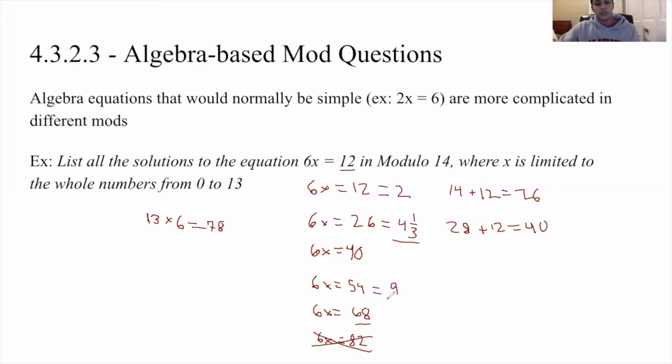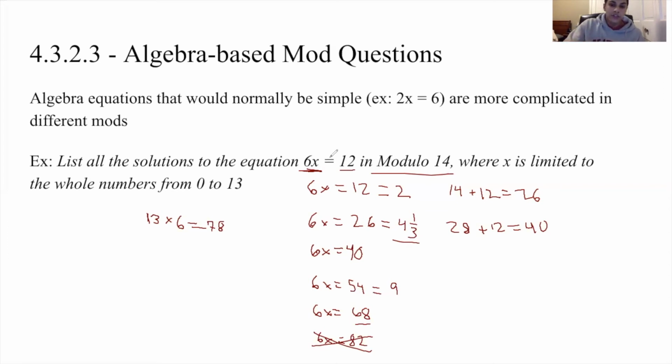So the main strategy for this is figuring out what this side of the equation can be equal to before you simplify in this mod. So yes, in this example, it could be equal to 12, but it could also be equal to 26, 40, 54, or 68, because those all simplify to 12 in mod 14.